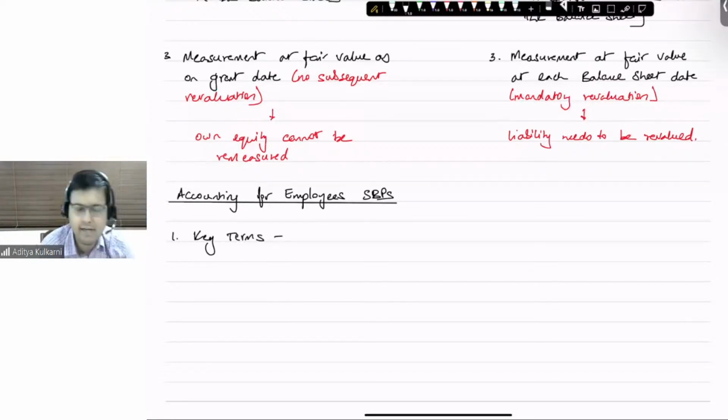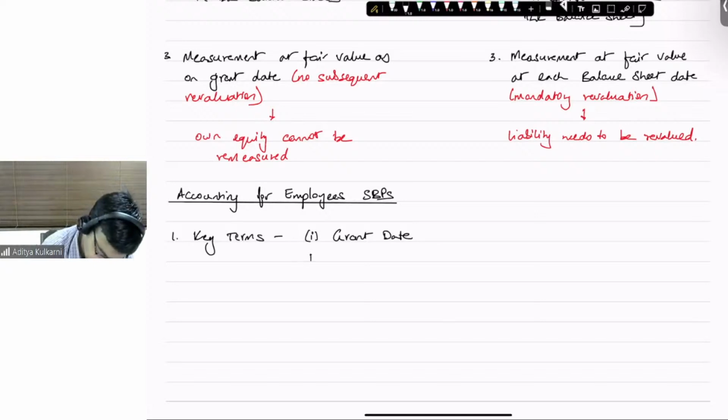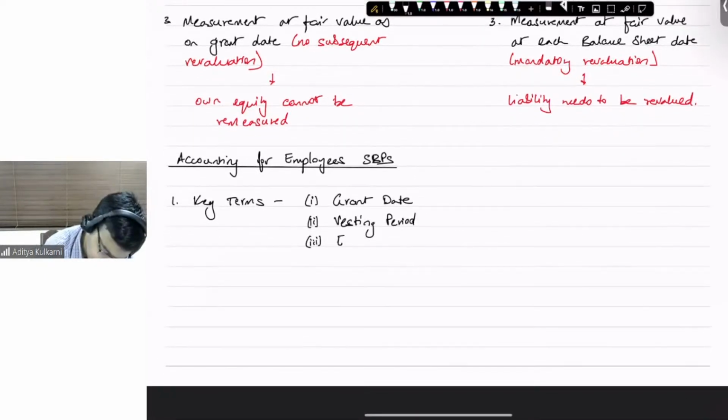What are my key terms? Well, I have first discussed what is the grant date. Thereafter, I have discussed what is the vesting period. Vesting period is that period in which your options vest in the employee. Then we discussed the third thing, that is exercise period.